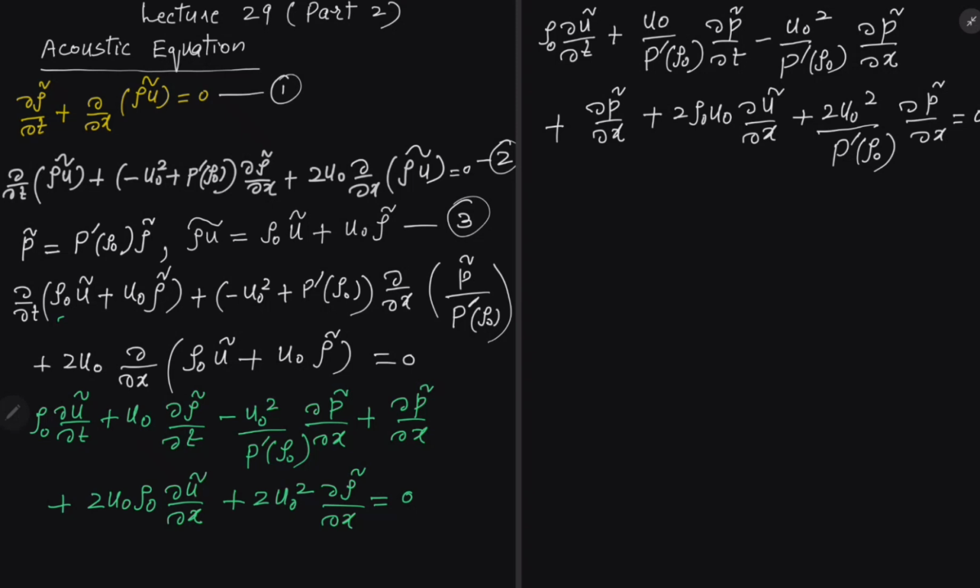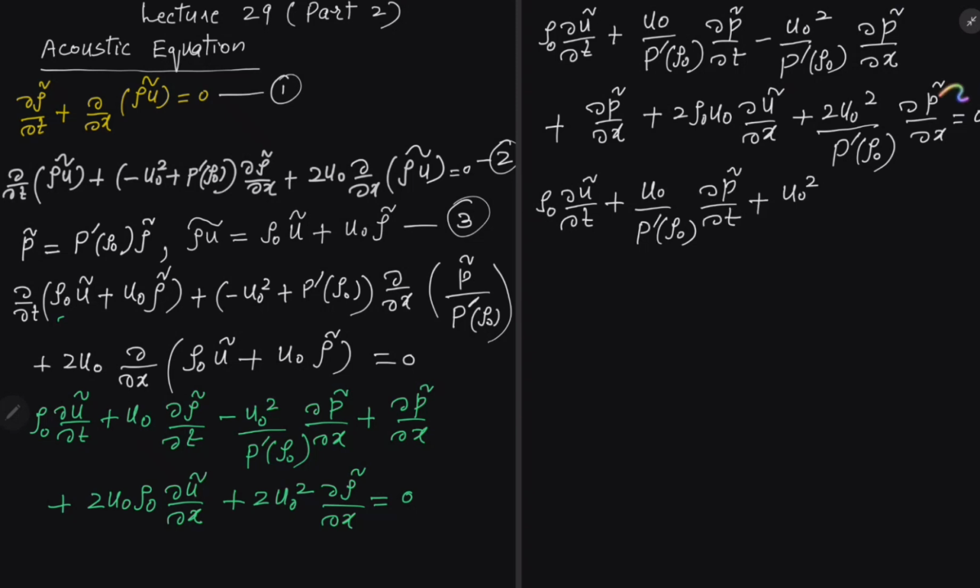Okay, now you can see that there is some simplification. What is that simplification? The first thing we see over here is that these two terms are the same. So we can write rho naught partial u tilde by partial t plus u naught over p dash rho naught partial p tilde by partial t plus u naught square.